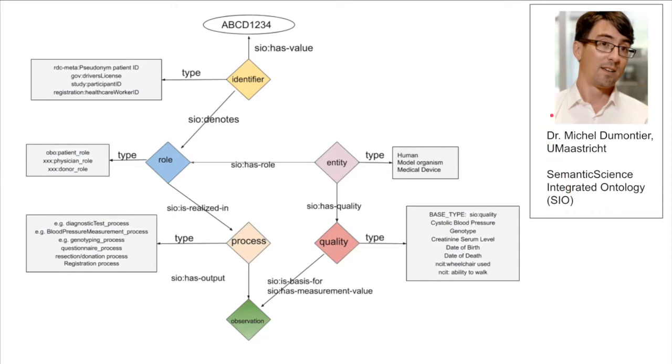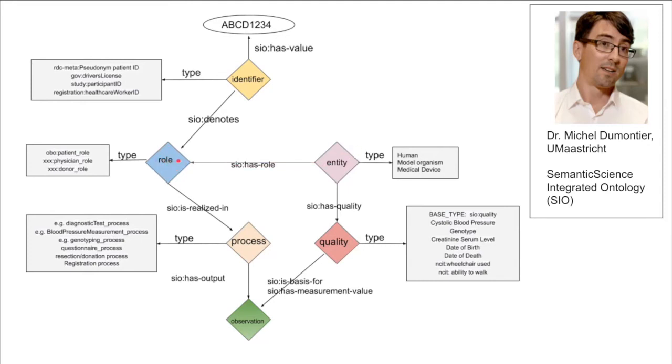So let me take you through the core model for all CDE data, and then we'll look at one fully fleshed out one. The idea here is that there's an identifier that denotes a particular role, and a particular entity has that role.